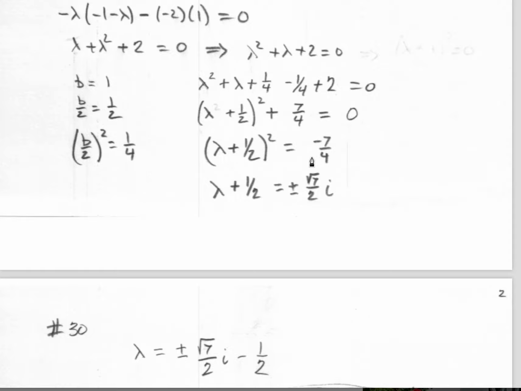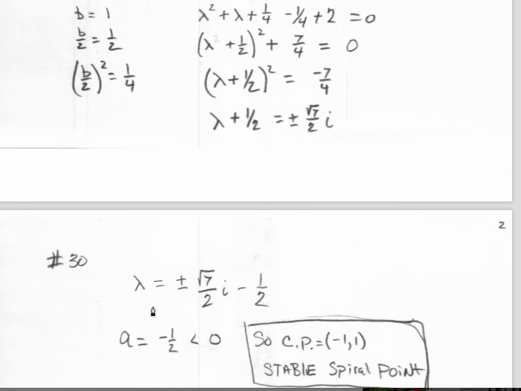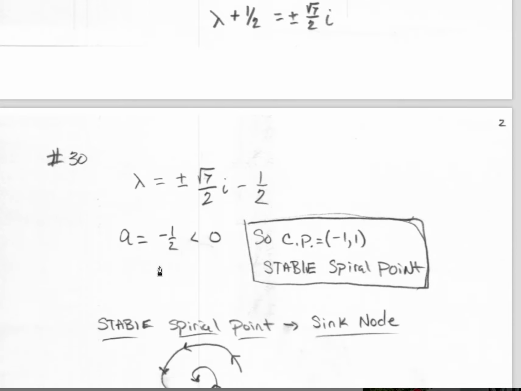And so when I completed the square to solve this, I end up getting lambda equals plus or minus root 7 over 2 i, minus a half. And so the a part of this, a minus 1/2 is the a, plus or minus bi. So the a part of this is minus a half, and that's less than 0.